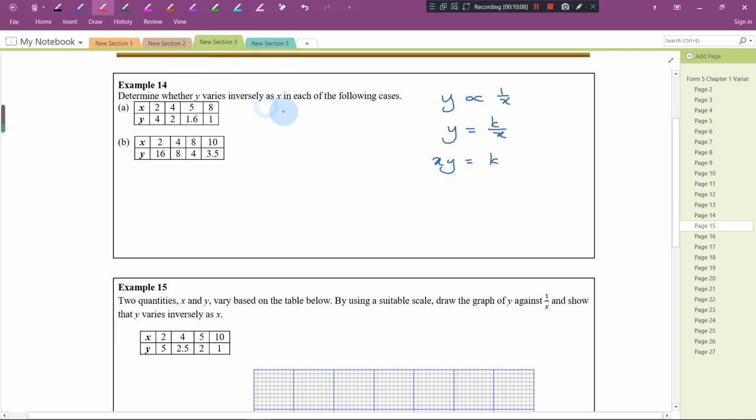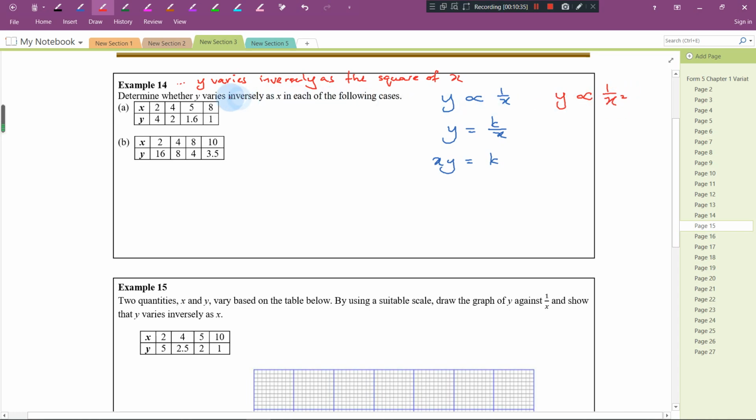If the value of xy is always equal to a constant, then we can say y varies inversely as x. How about if I change this question? Determine whether y varies inversely as the square of x.